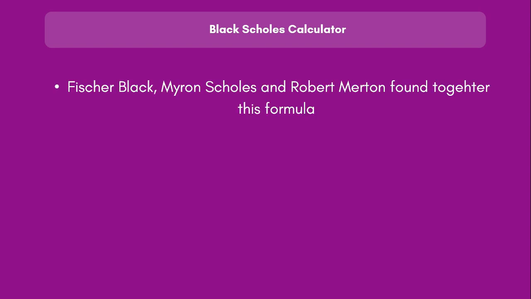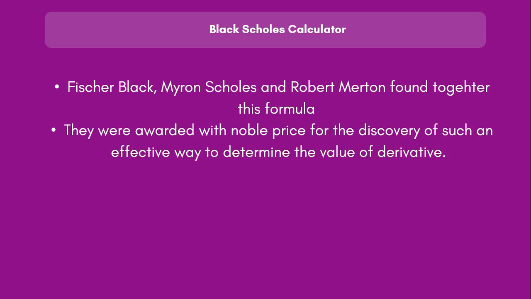Now this particular calculator was formed by three persons together, namely Fischer Black, Myron Scholes, Robert Merton. They together found this formula, and the formula became so popular and is one of the most precise ways to find option premium that their research was also awarded the Nobel Prize.